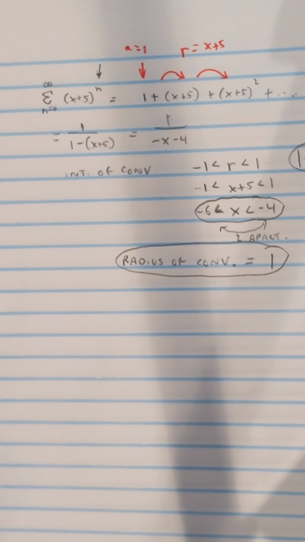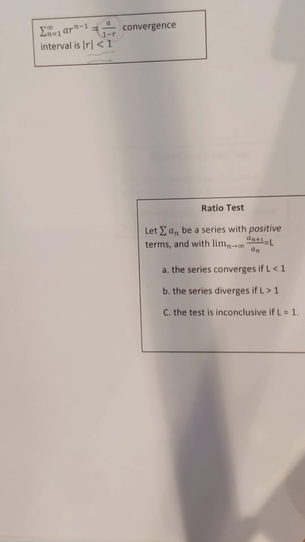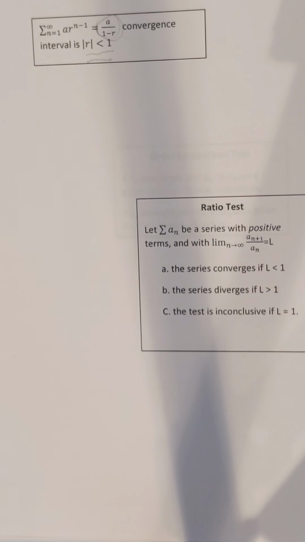The second example is going to tie into the ratio test. Here is the ratio test. Now, those people that picked up copies of all these, all the flashcards, etc., have this already. The ratio test is used when it's not quite a geometric series.